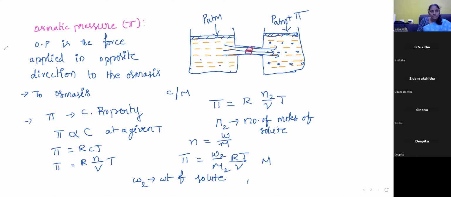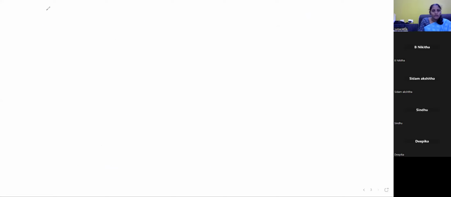Next. Capital M is nothing but what? I'm going to the next page because it is congested. See here, I'm writing. Capital M is nothing but the molar mass of solute. And here you can mention capital M2 because it is solute.